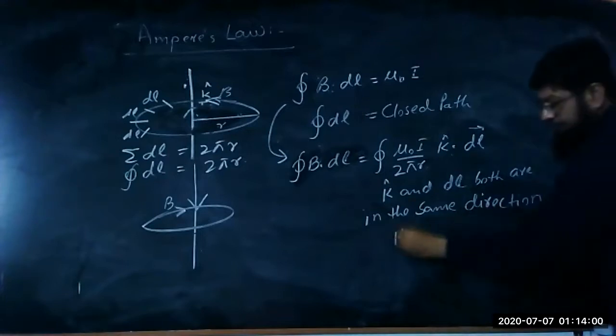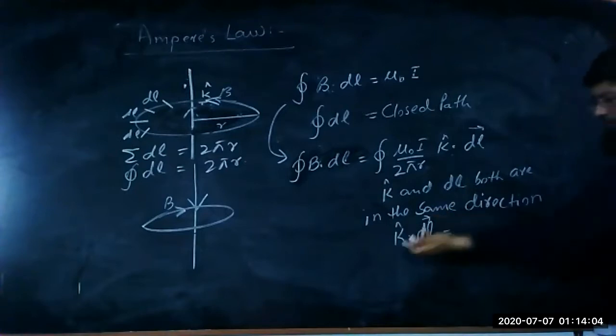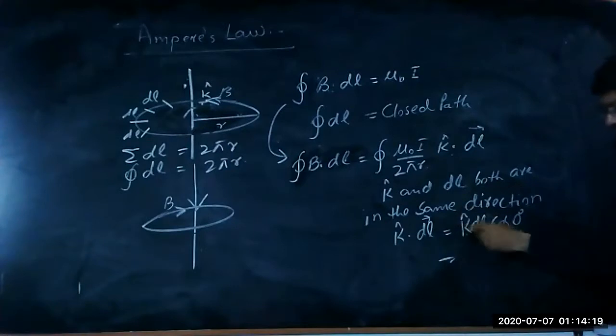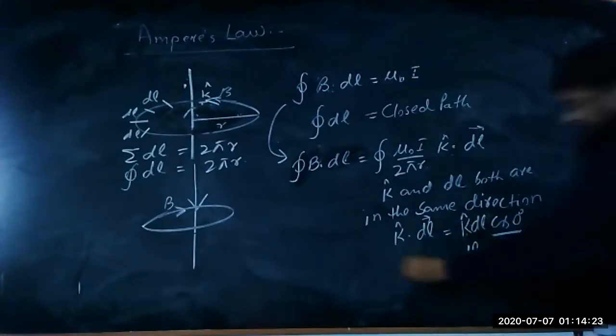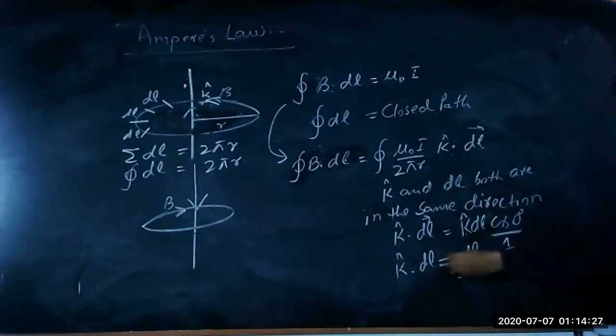Therefore, k dot dl is equal to k dl cos of angle 0 degrees. Cos 0 is 1, and k is a unit vector whose magnitude is 1, so k dot dl is equal to dl.